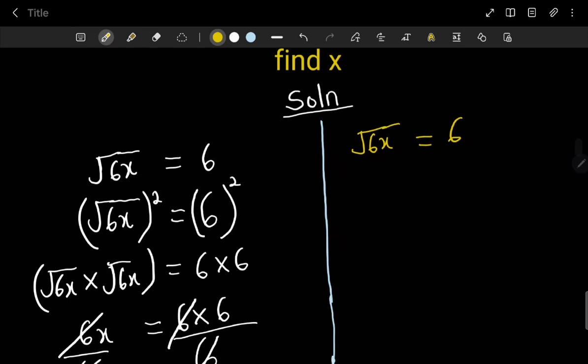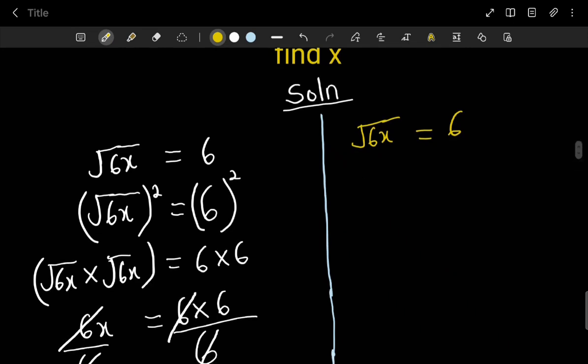Now let's see, we have a rule in maths that says that if you have, for instance, square root of a multiplying square root of b, it is the same as square root of what? A b, right?